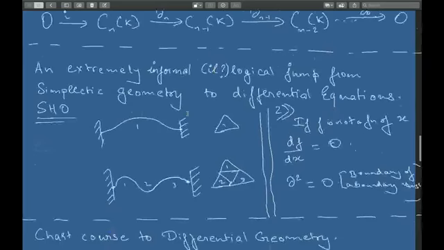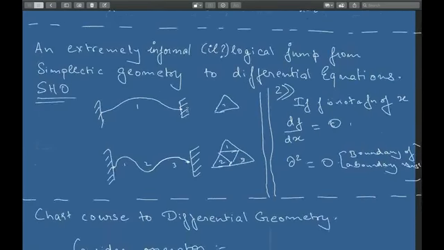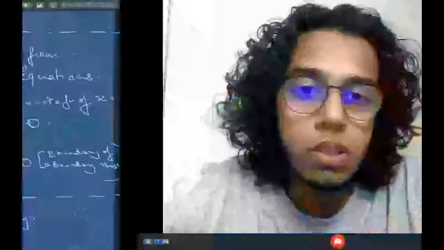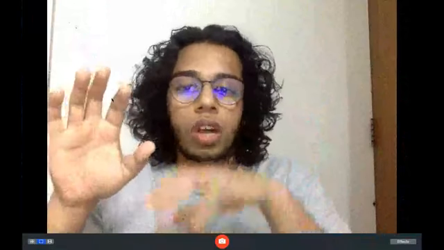So now going into some sort of outside, okay. This will probably give you some intuition on why or how differential equations are linked to a geometric shape.